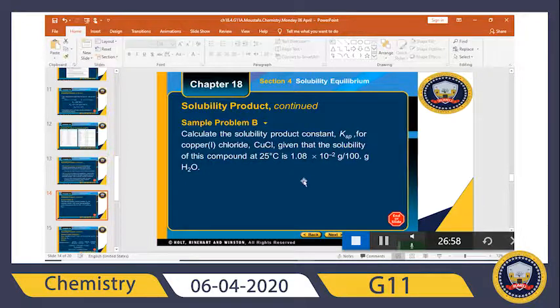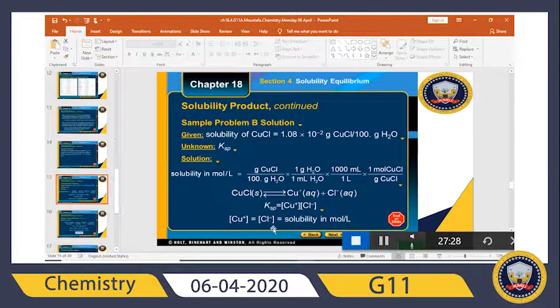The solubility is 1.08 times 10 power minus 2 gram per 100 grams of water. So you have to change this value to mole per liter. You understand now how to change these values, grams to moles and grams of water to liter, by the same way as my way or this way.